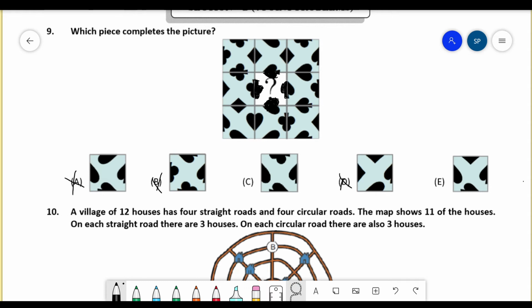So D is wrong. E. There are 2 spades and 1 heart, but there should be the half of a clover on one edge, but there is the half of a diamond on the edge. So E is wrong. And so that makes C the right answer.